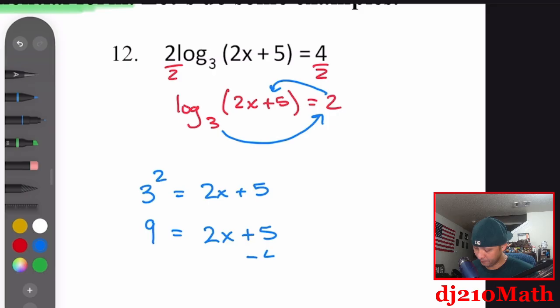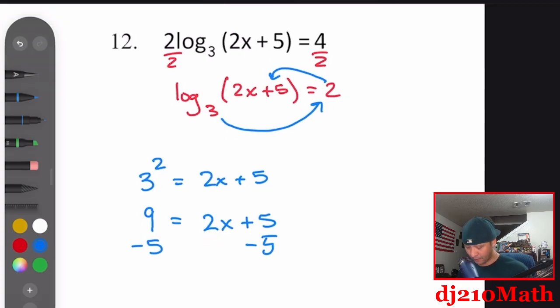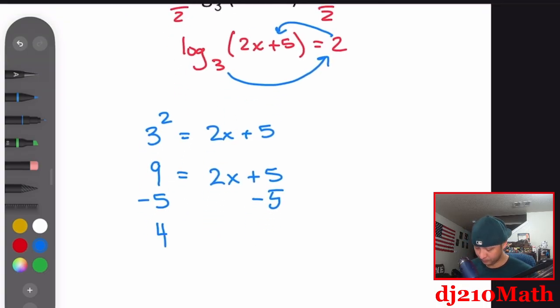Minus 5, minus 5. 9 take away 5 is 4, is equal to 2 times something. 2 times something is 4. What do you think this is? X is equal to 2.